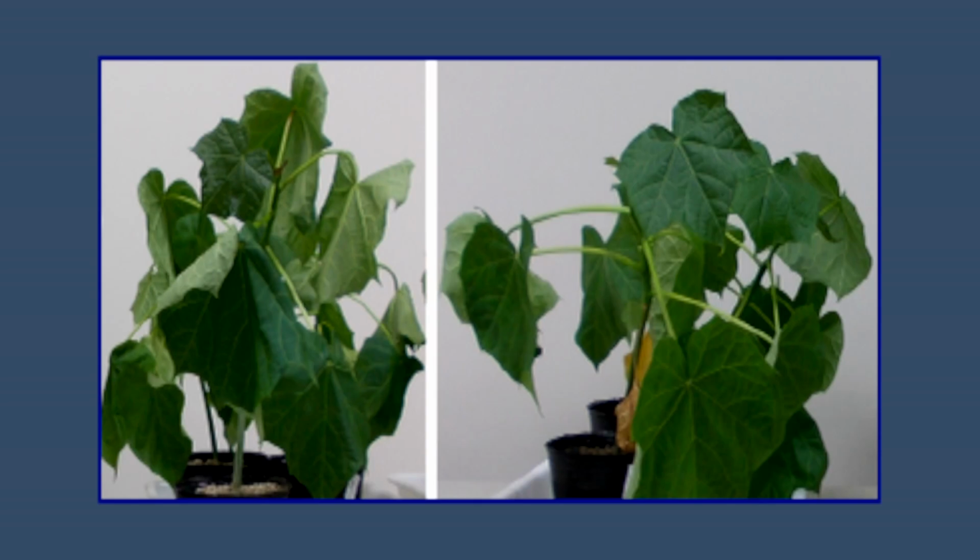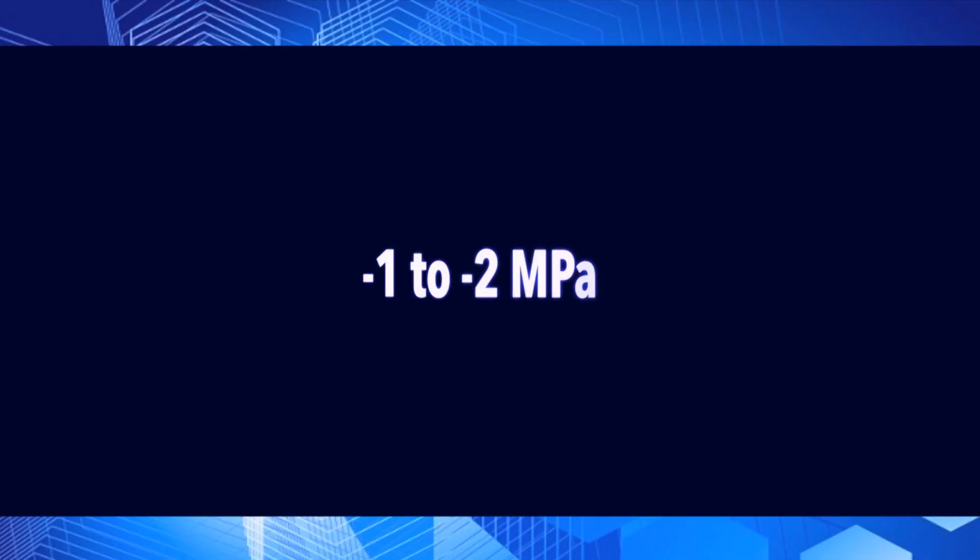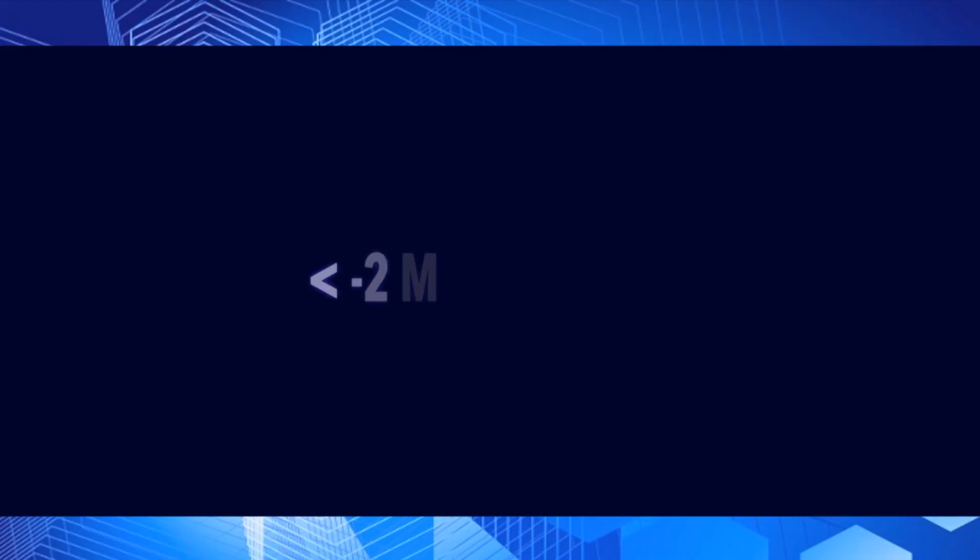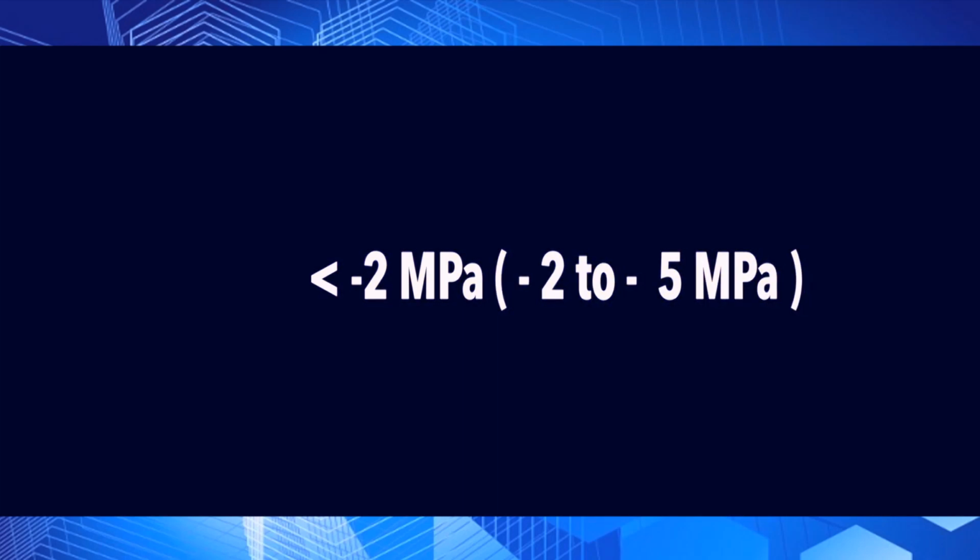Water potential of mild water stress can range from -1 to -2 megapascals. And water potential of arid desert climate can be lower than -2 megapascals. That is, it can range from -2 to -5 megapascals.